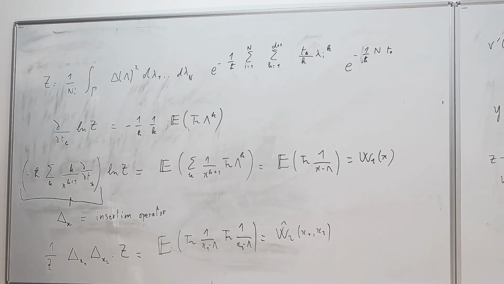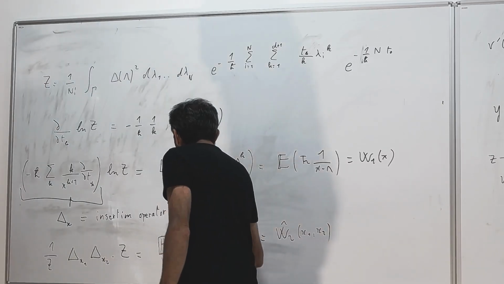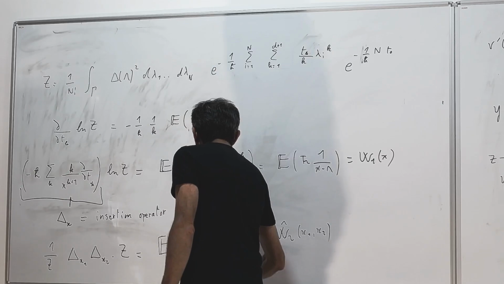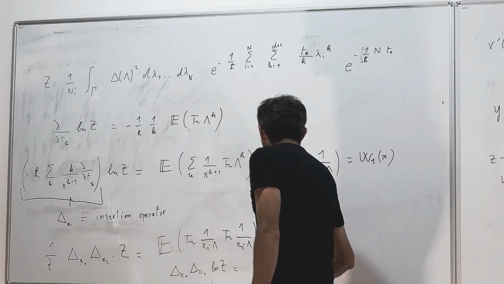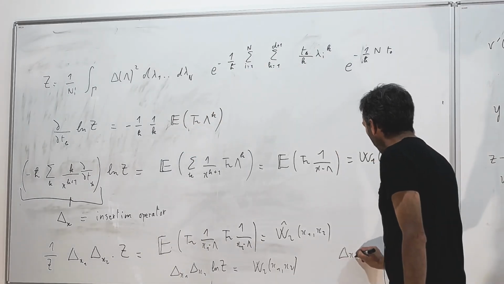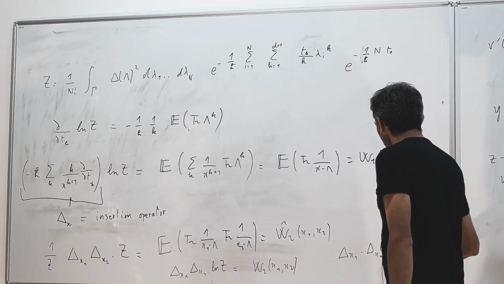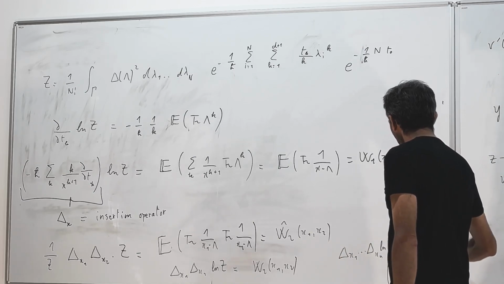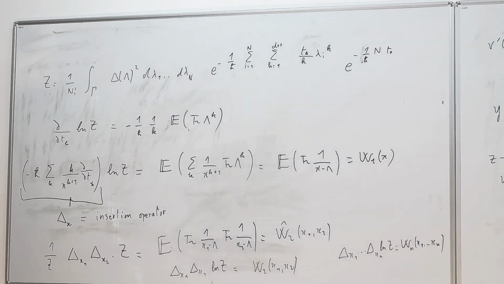If you do delta x1, delta x2 on log Z, then you get W2 of x1, x2 without the hat, the cumulant. In general, delta x1 to delta xn acting on log Z will give Wn of x1 to xn. This is kind of convenient.